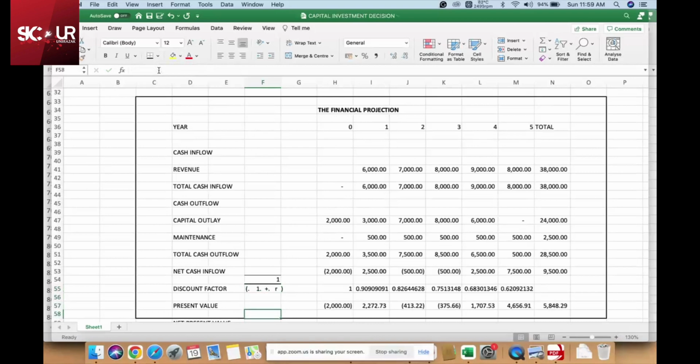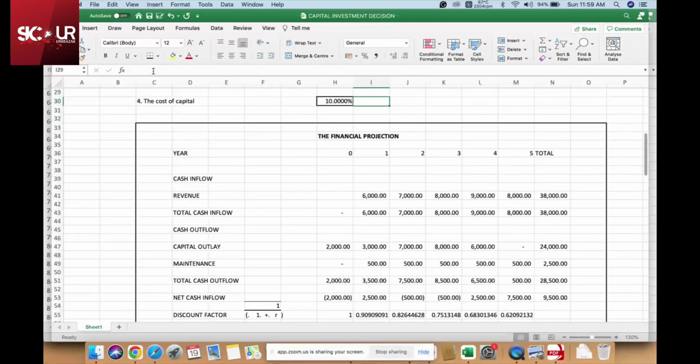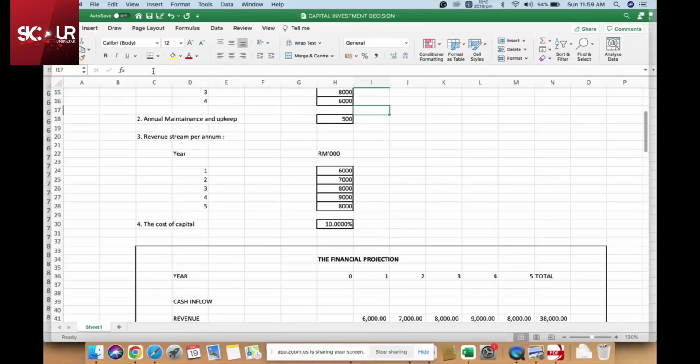So for year 1, here is 1 divided by 1 plus, and instead of writing R here, we drag the cursor to R here, the cost of capital.